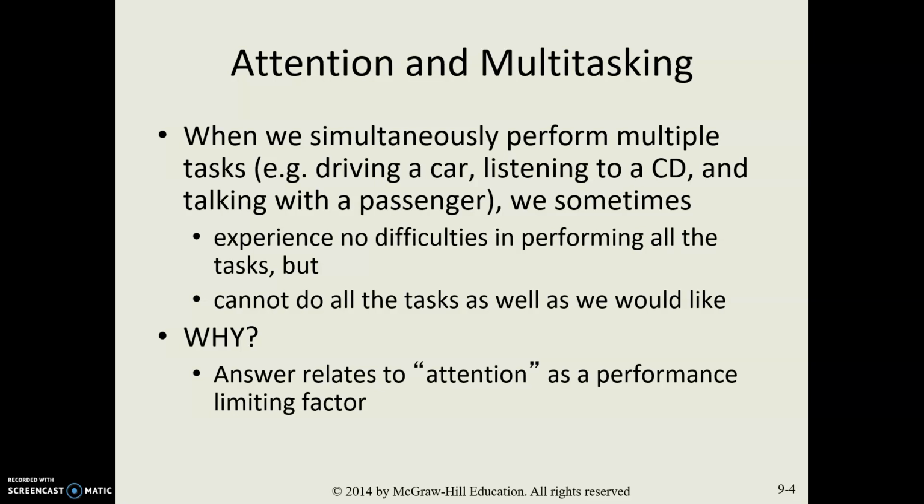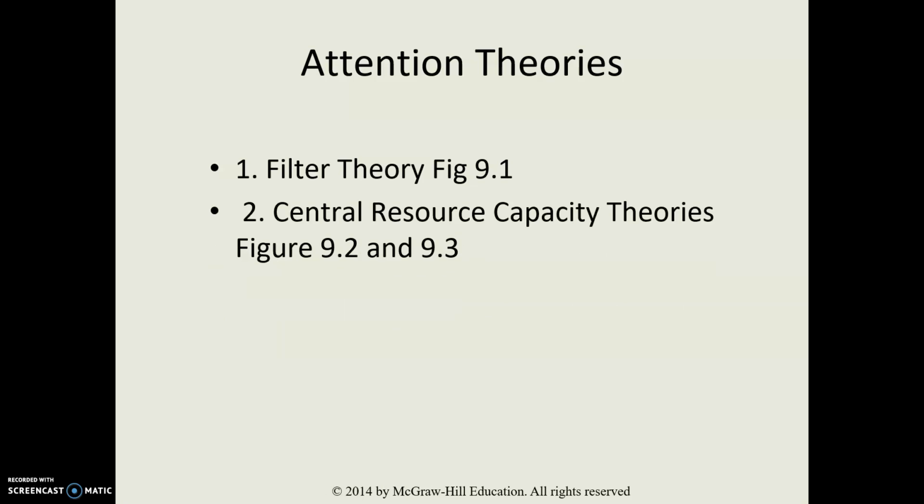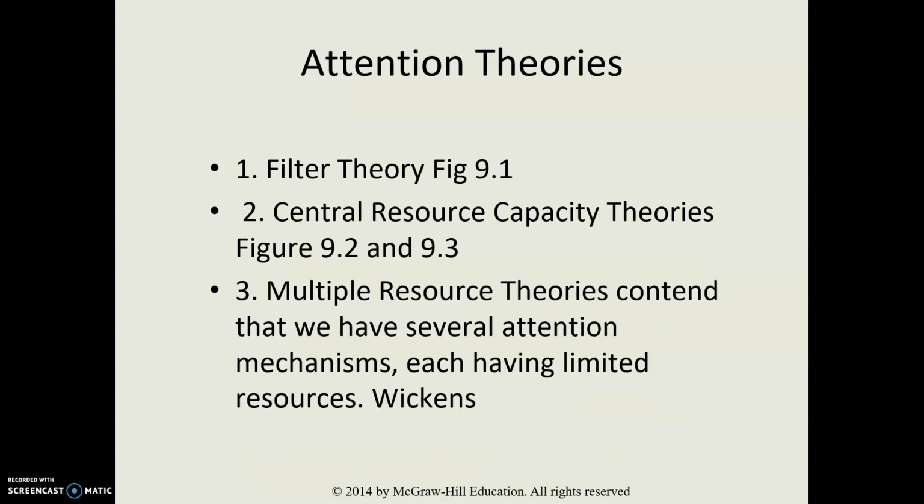As we get into the chapter, there are 3 different theories that we're going to look at briefly to explain attention: the filter theory, the central resource theory, and the multiple resource theories. We're going to specifically look at Wickens' multiple resource theory. Those are the 3 models or theories of attention that we're going to look at.